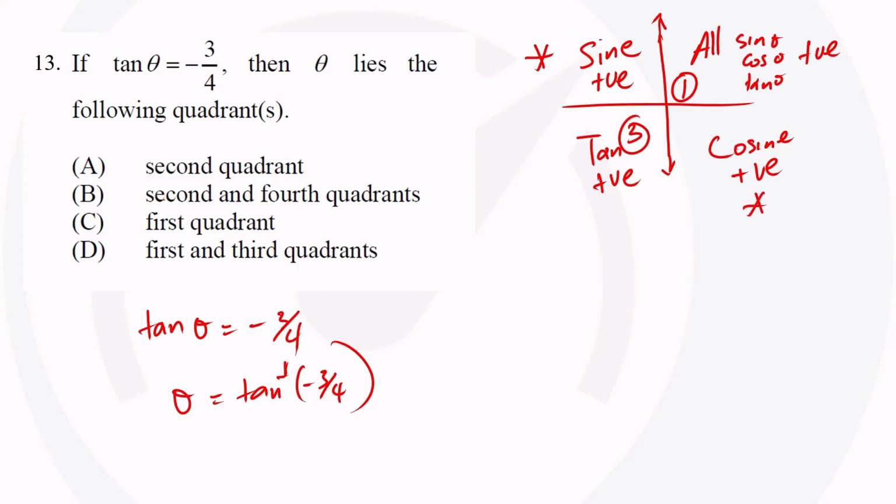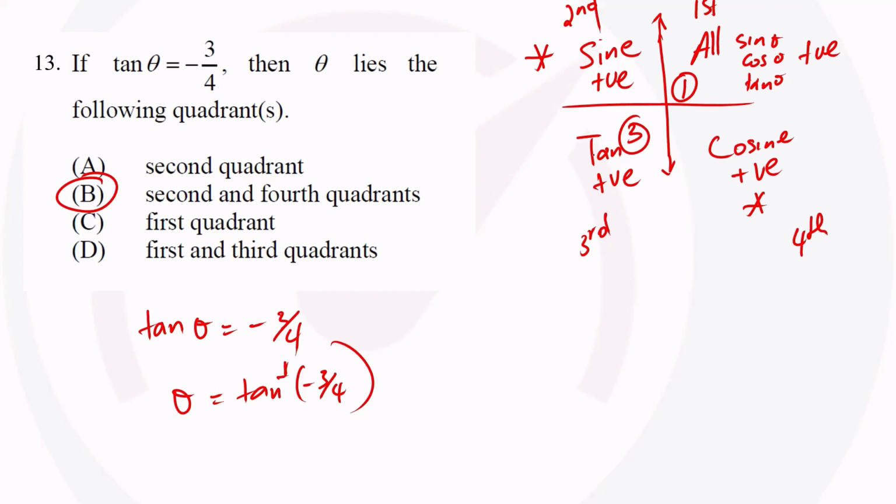So therefore the angle lies in the second quadrant and the fourth quadrant. Just in case you might not know, this is the first quadrant, second quadrant, third quadrant, and the fourth quadrant. Alright? So remember this little mnemonic.